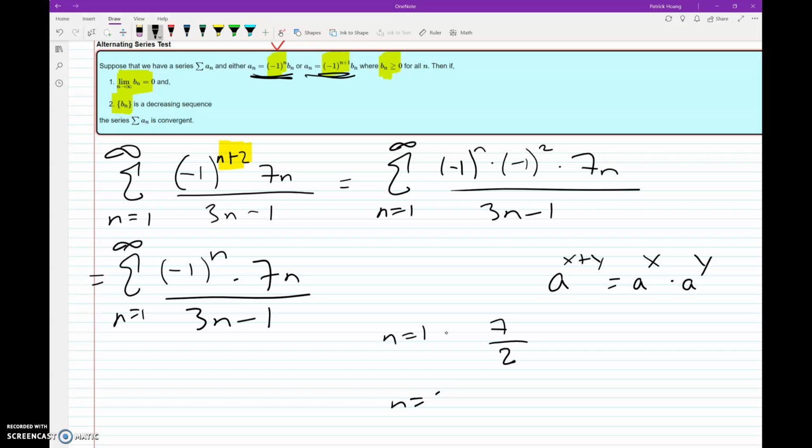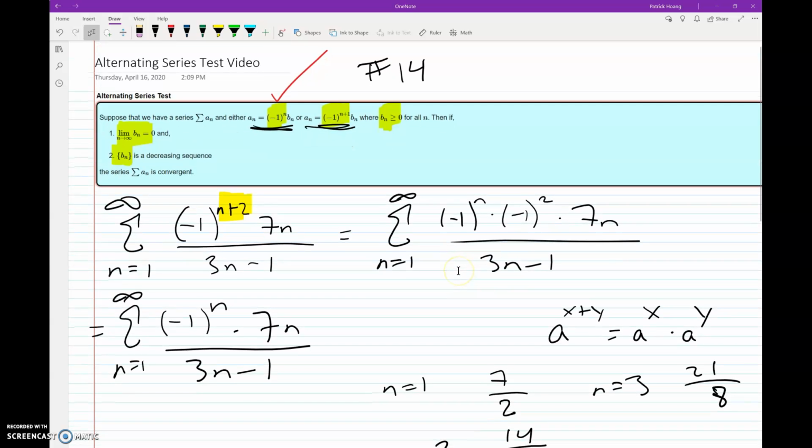When n is equal to 2, this is 14 over 5. And when n is equal to 3, this is 21 over 8. It looks like no matter what value of n we plug into b sub n, this is going to be greater than or equal to 0. So we've satisfied box number 2.